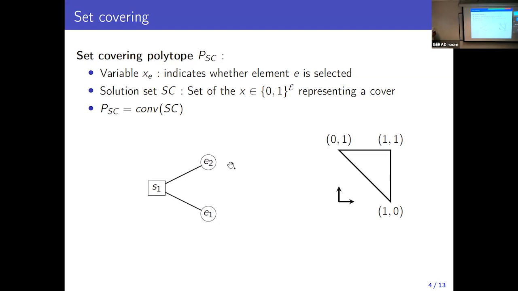For example, in this small example, you're allowed to choose E1, E2, or both, but you're not allowed to choose none of them, because then the subset S1 is not covered. If we have only two variables, we can represent this in two dimensions, and these are the three allowed binary vectors. The set covering polytope is just the convex envelope of all those binary vectors. In this case, it's just the triangle over there.